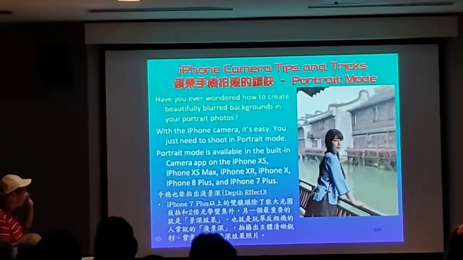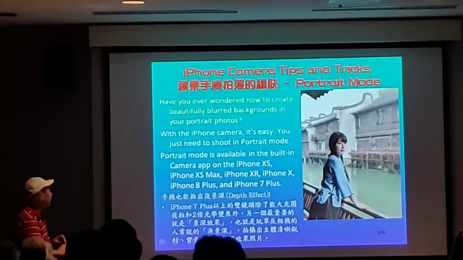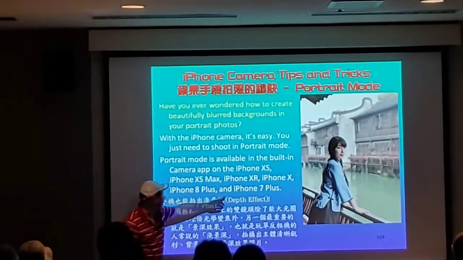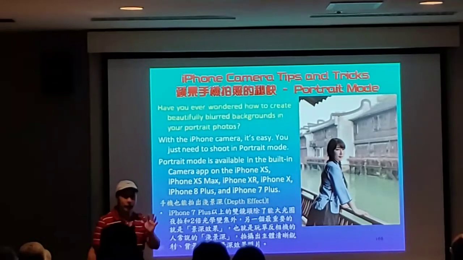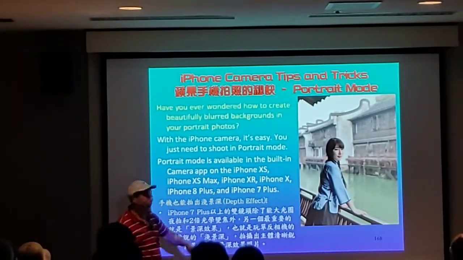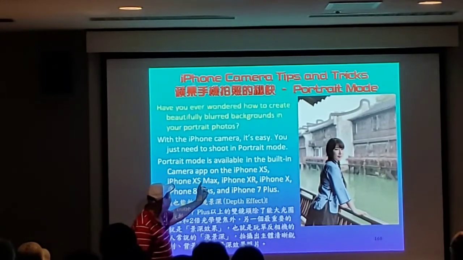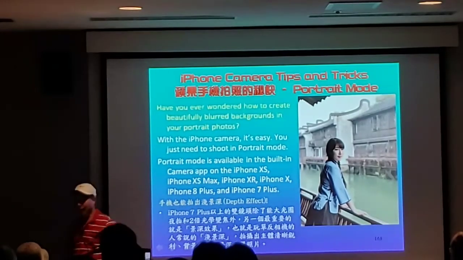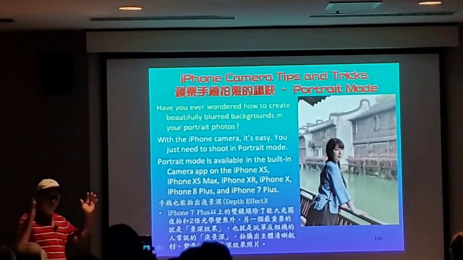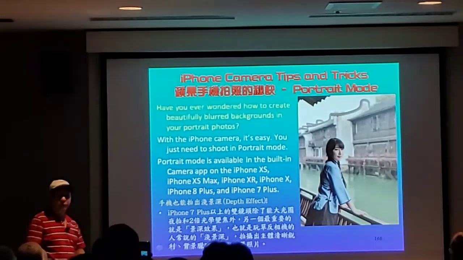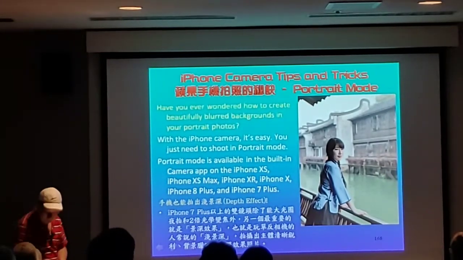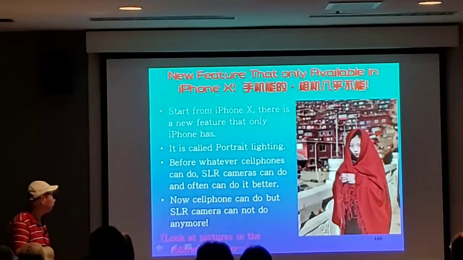And I think it started with the 7 Plus. When they have 2 cameras, they have this feature. But with the 10 and MS, they have these new features. It's very powerful.